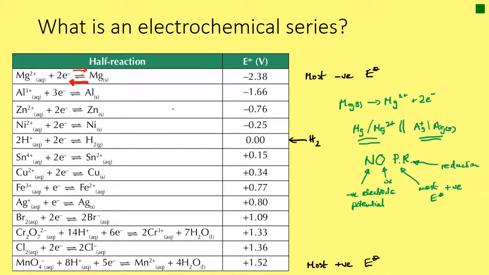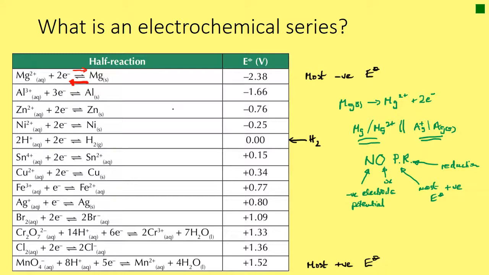So there's a few things to notice about the electrochemical series. The first is that they're ordered. At the top we have the most negative electrode potentials, and at the bottom we have the most positive electrode potentials.